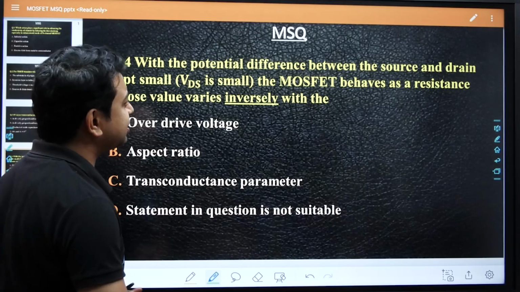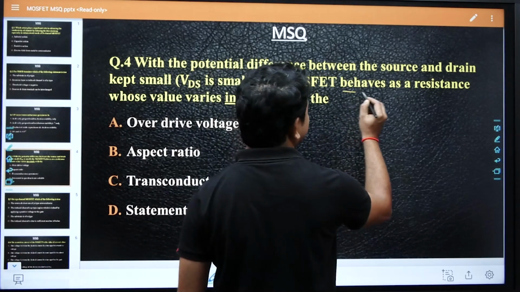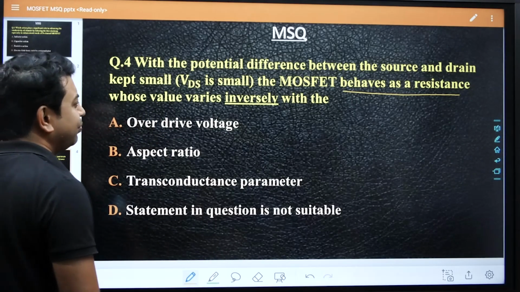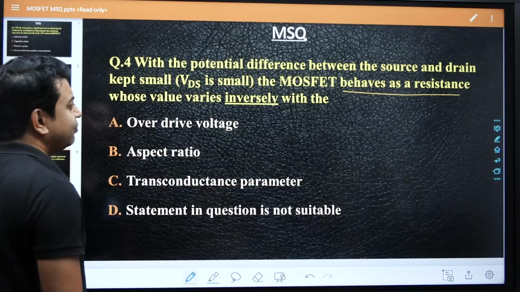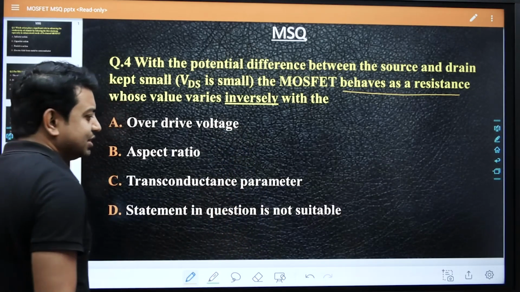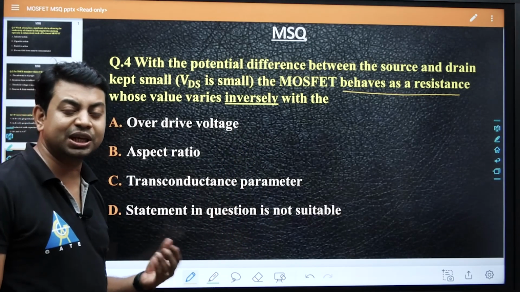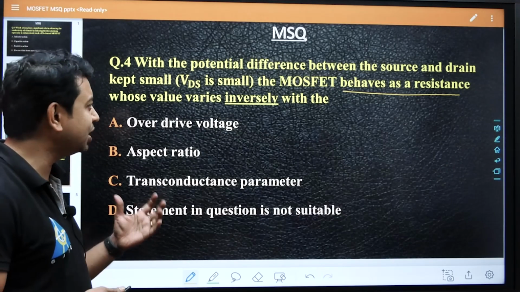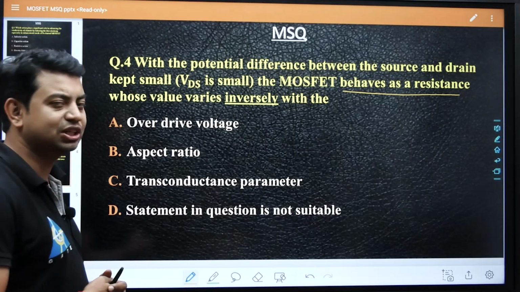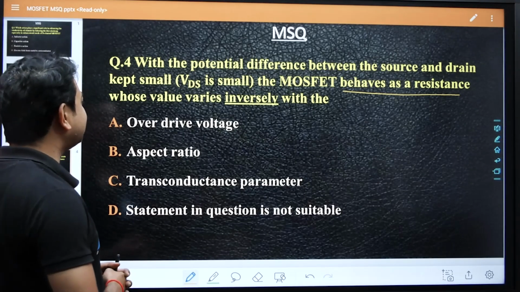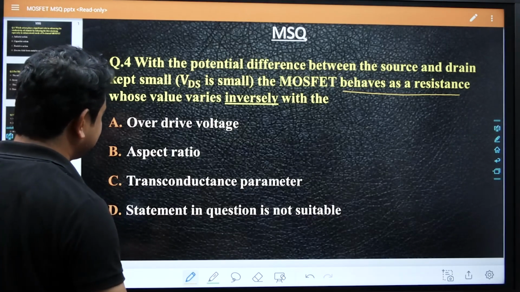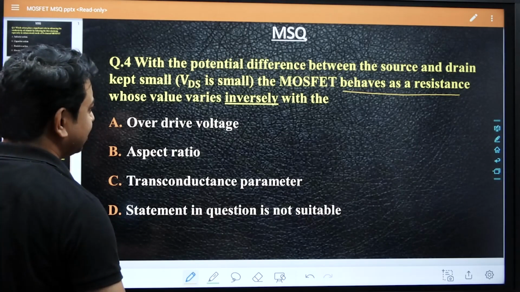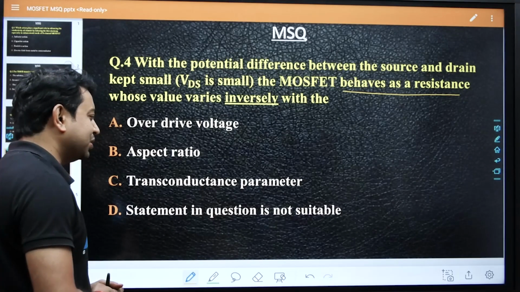The MOSFET behaves as a resistance whose value varies inversely with... We have to analyze what is the value of the resistance produced by this MOSFET when we apply a very small VDS, and what the overdrive voltage, aspect ratio and transconductance parameter are. The statement in the question is not suitable, so we cannot find this one, that is another option.